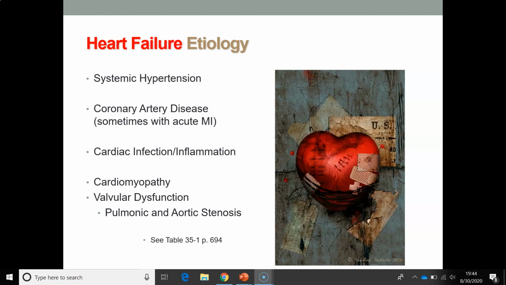Also when patients have cardiac infection or inflammation, or more chronic conditions such as cardiomyopathy, valvular dysfunction, either with the pulmonic or aortic stenosis, can all lead to heart failure. Again, that Table 35.1 on page 695 will be important to look at.